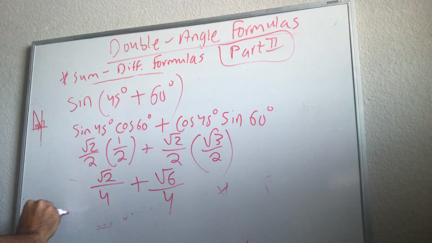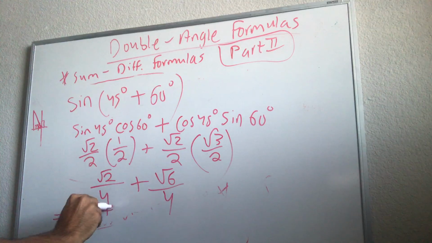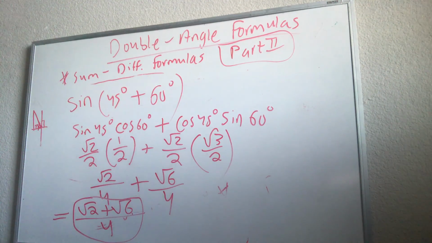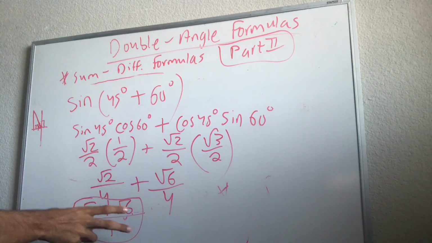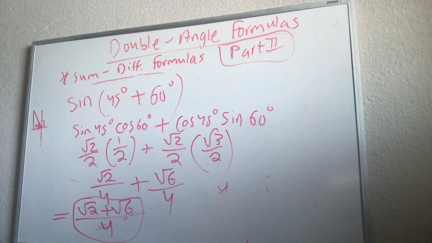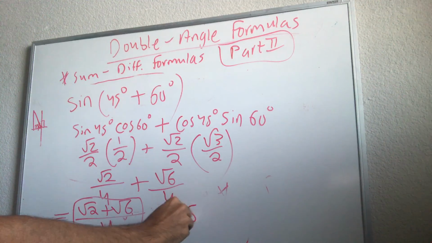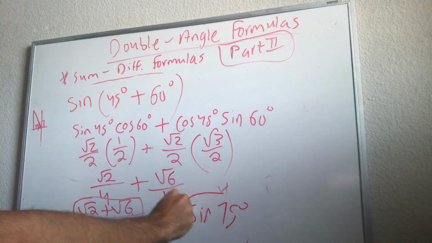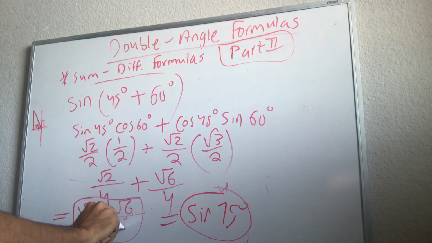And so we can add this and we get root 2 plus root 6 all divided by 4, because that's just a common denominator. So if you evaluate sine of 75 degrees, that should equal this. However, we have not memorized this value, so our final answer would just be that.